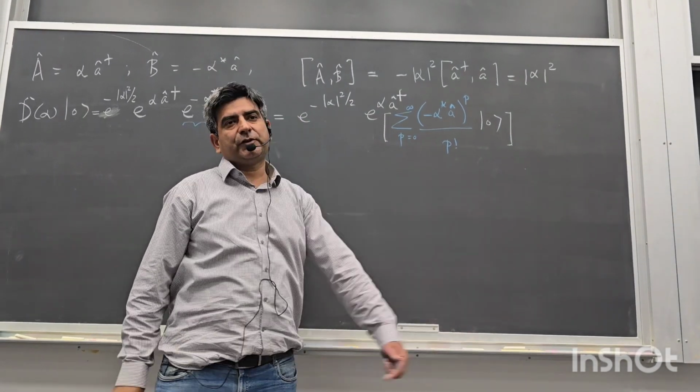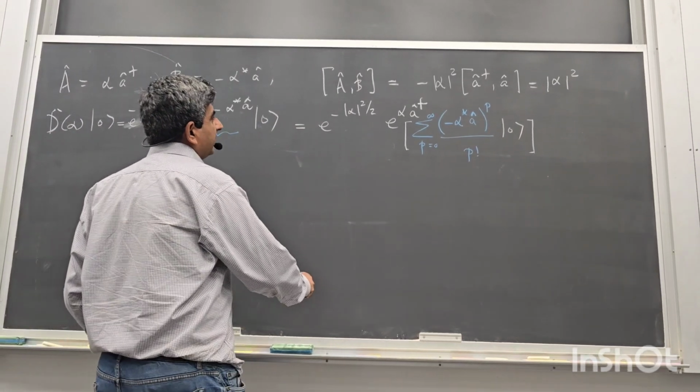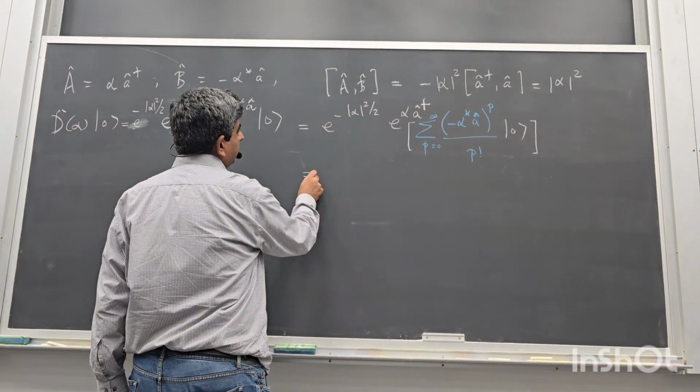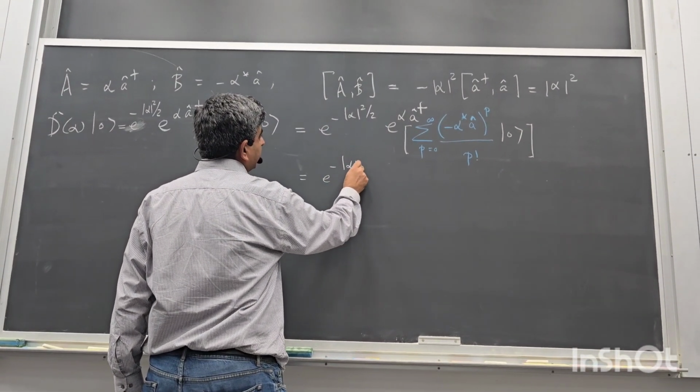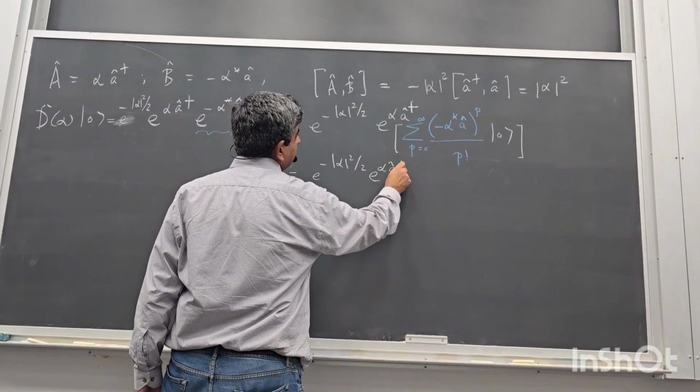Now only when p equals 0 will this give me a non-zero number, right? So all of this becomes e^(minus alpha mod square over 2) e^(alpha A dagger).